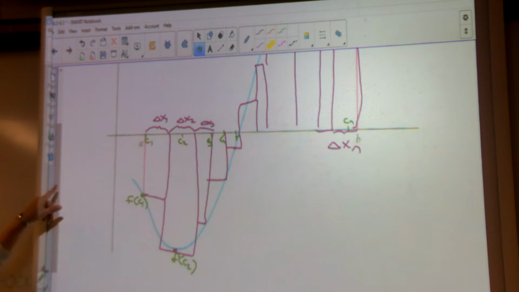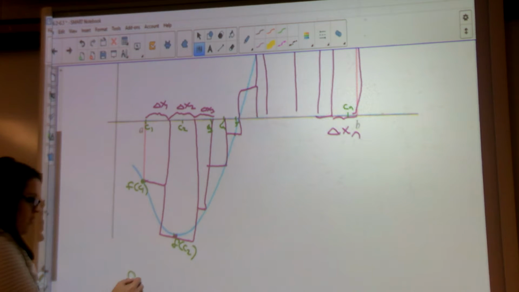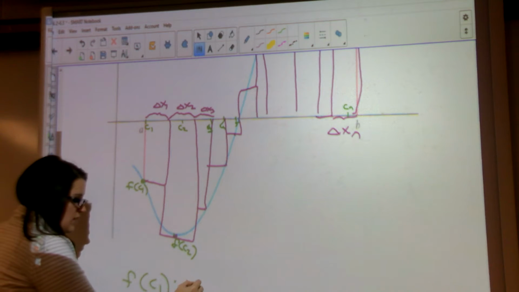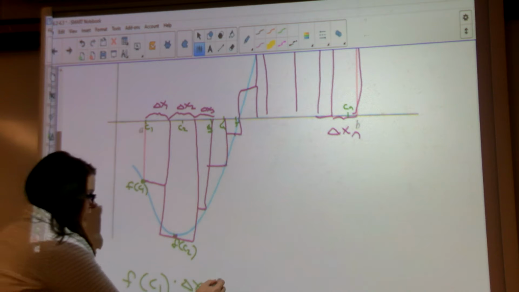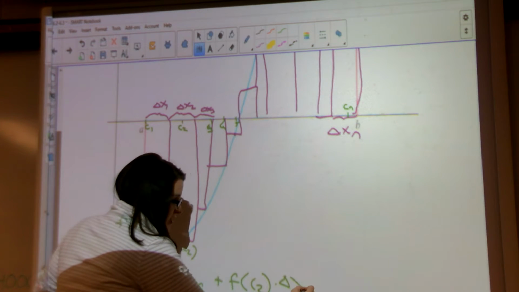So now that first rectangle, length times width, I have f of C sub 1 times the width, delta x1. You with me there? Length times width. The next rectangle would be f of C sub 2 times delta x sub 2.